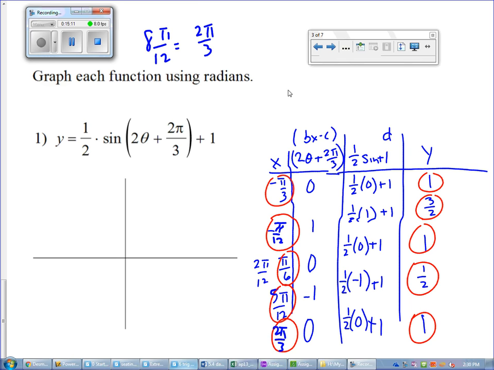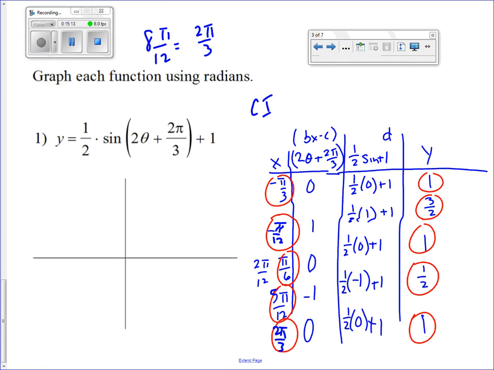All right, so if you remember, our counting interval, once again, was pi over 4, and when we added, that was a 3 pi over 12. So that's going to help us when we set up our graph here. So a negative pi over 3, whatever distance that is, negative pi over 3 is technically negative 4 pi over 12.